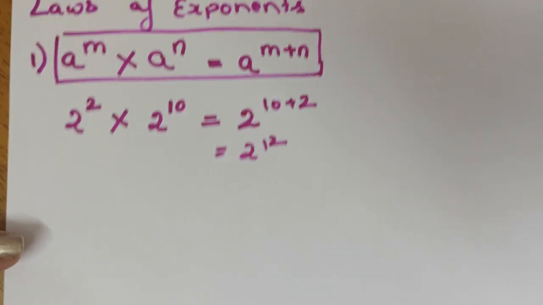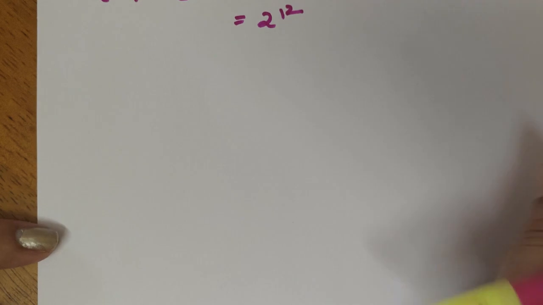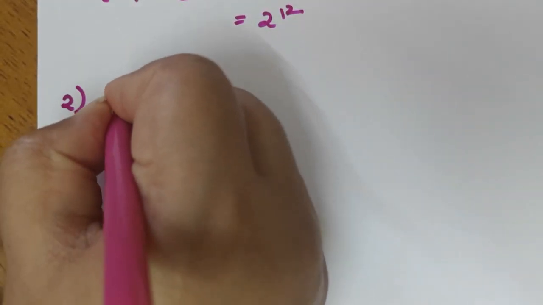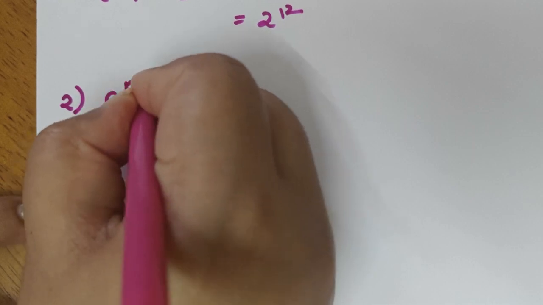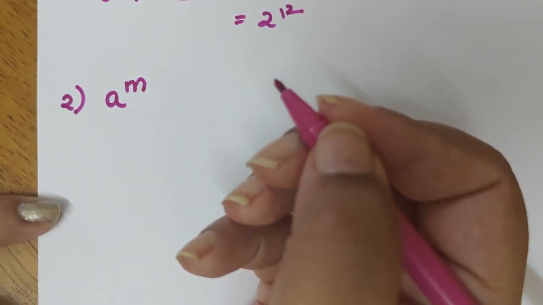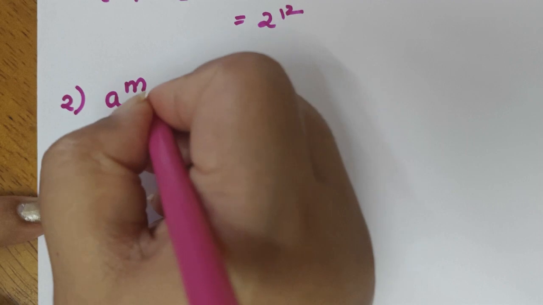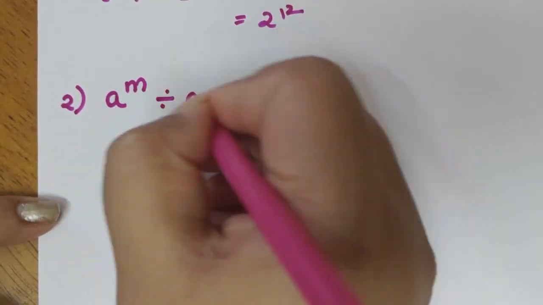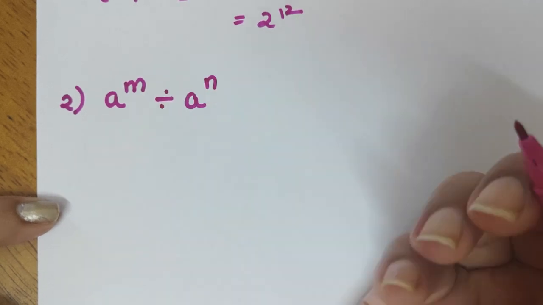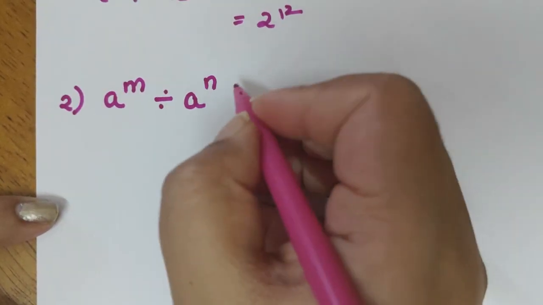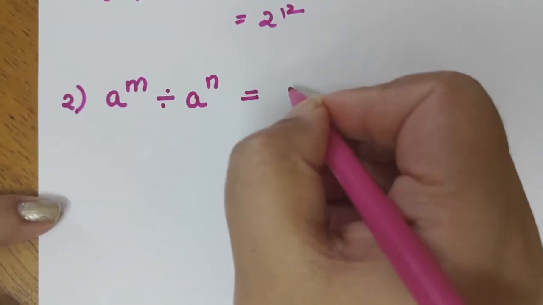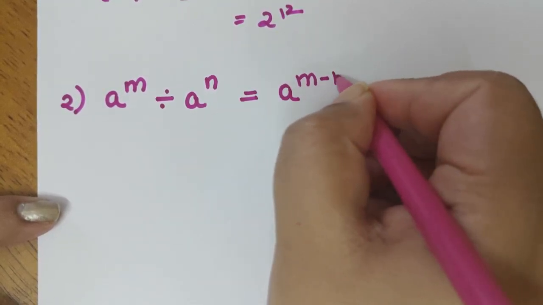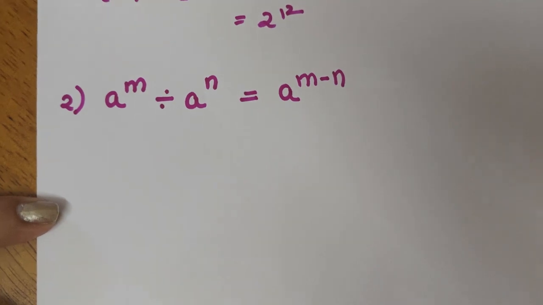Similarly, there is one more law which says if I have an integer with the power m, and I want to divide it by the same integer with a different power, then I can subtract both the powers.